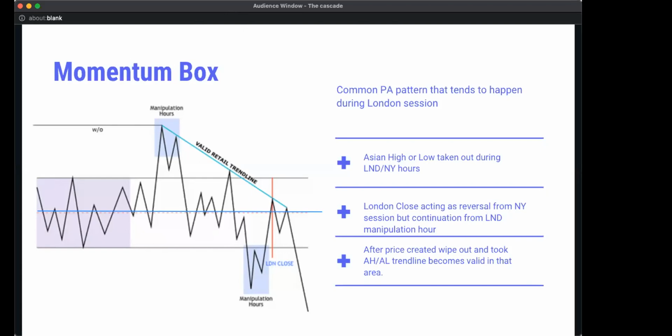We can see here the London manipulation box took out Asia high, and after that, everything becomes valid: even lower time frame order blocks, POIs, supply and demand, even valid retail trend lines. After price has taken out some session, or a previous session, or the weekly open, price tends to create a valid retail trend line.